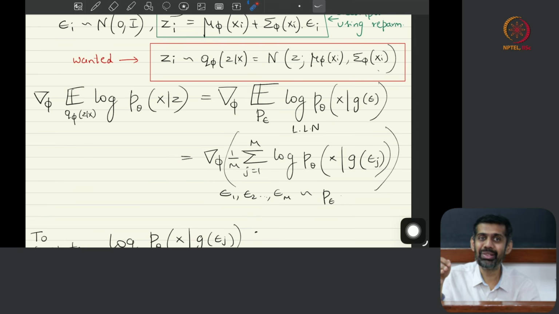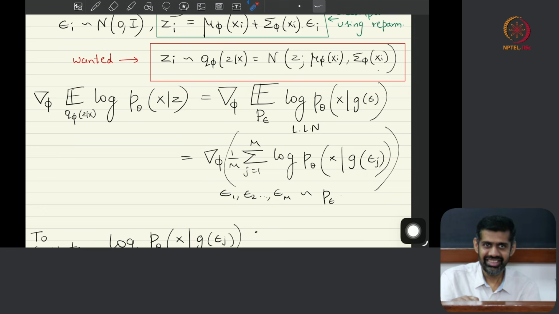It is only through epsilon, right, because you have reparameterized. The only quote unquote randomness is coming from epsilon here. That is the whole point of reparameterization. I have shifted the randomness from phi to epsilon. So the only source of randomness is epsilon now. That is why you need to sample multiple times from it.